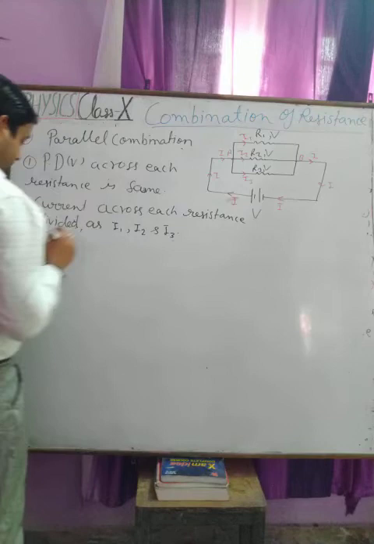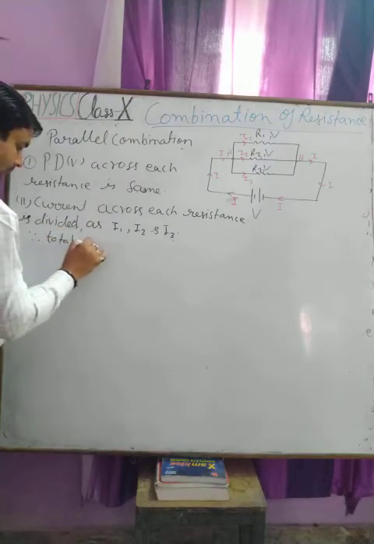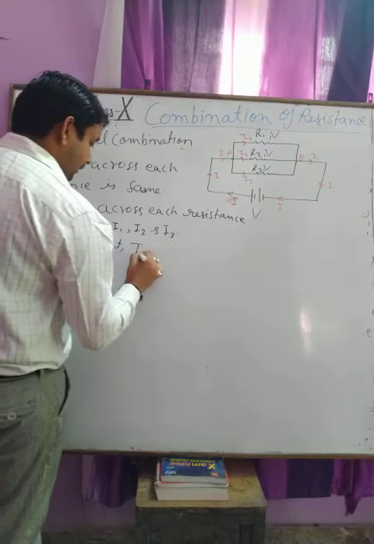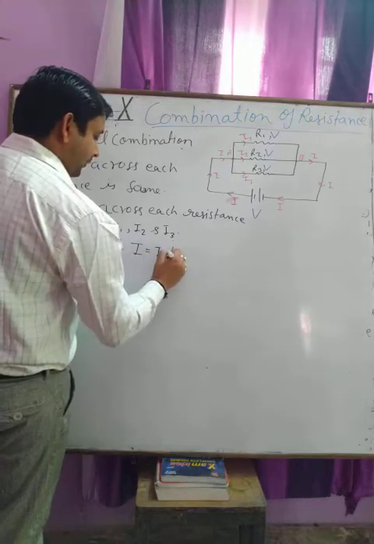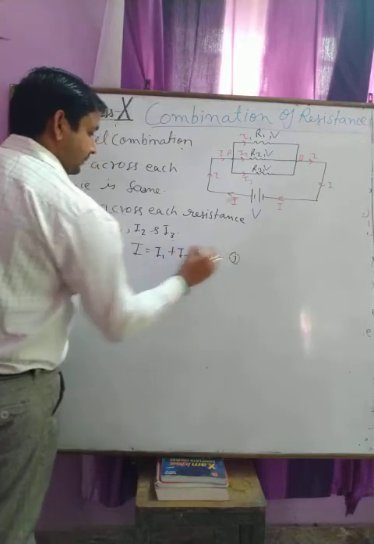Okay, the total current is I is equal to I1 plus I2 plus I3, equation first.